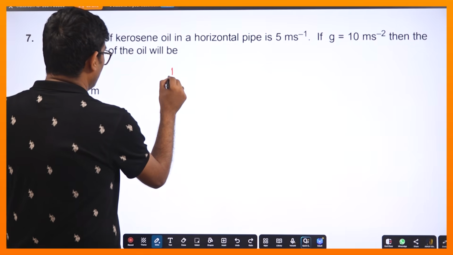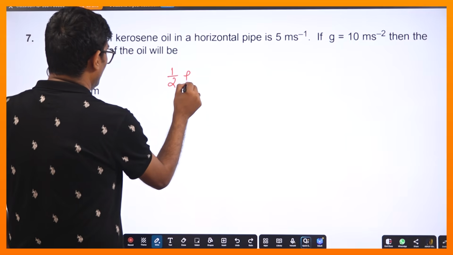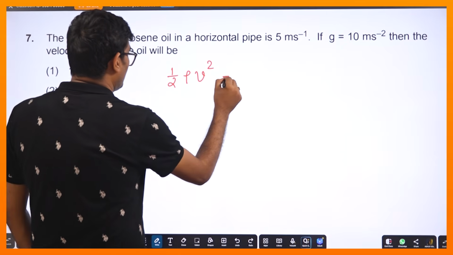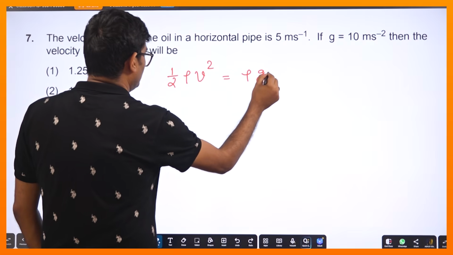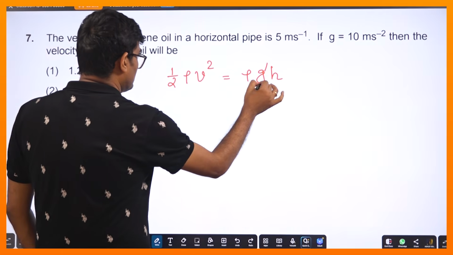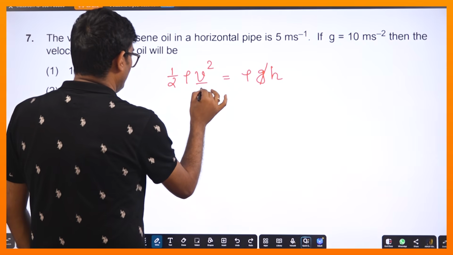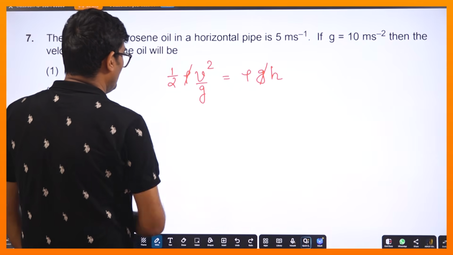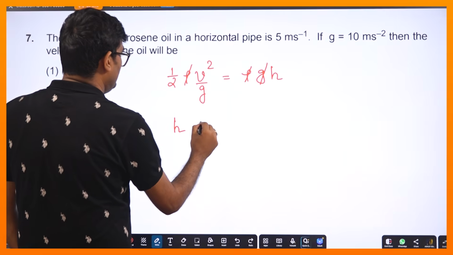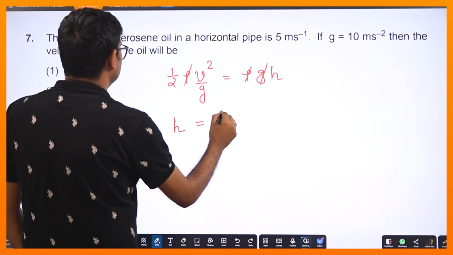So half rho v square, if I compare it with rho gh, right, then this height is the velocity head. If g comes here and rho cancels out, right, so the velocity head will be v square by 2g.